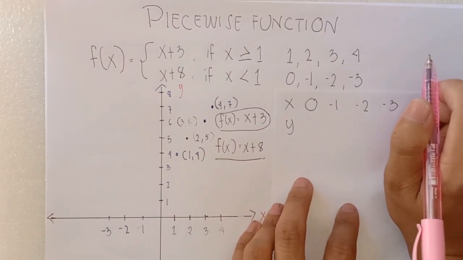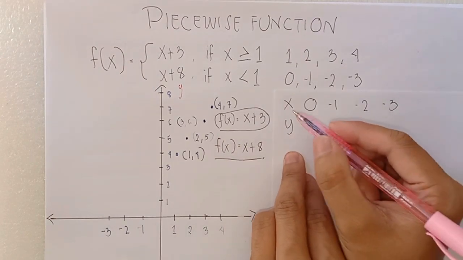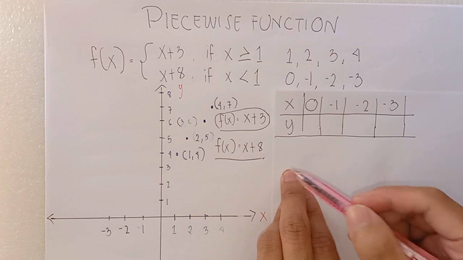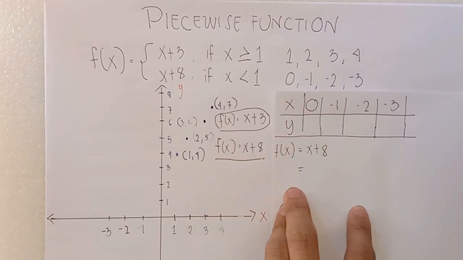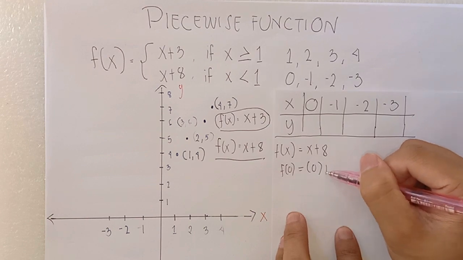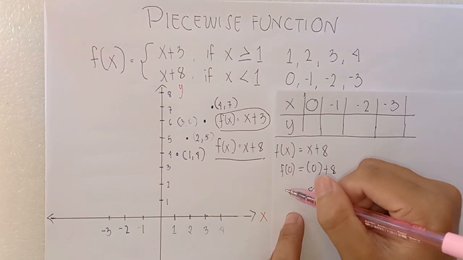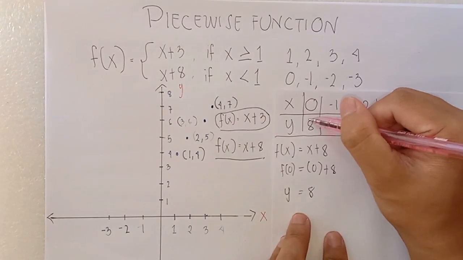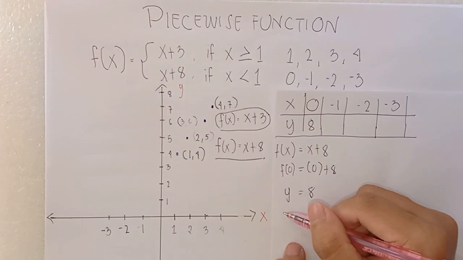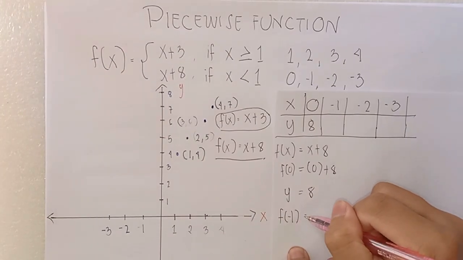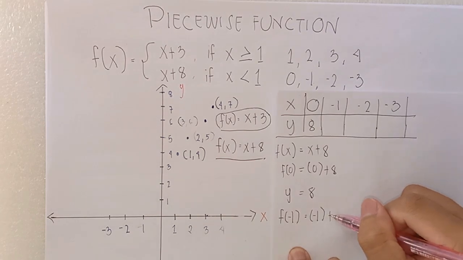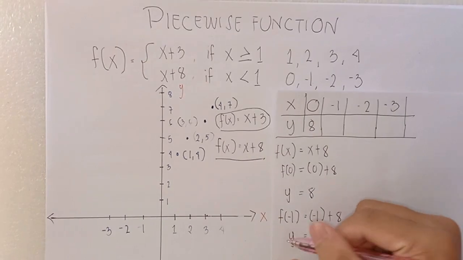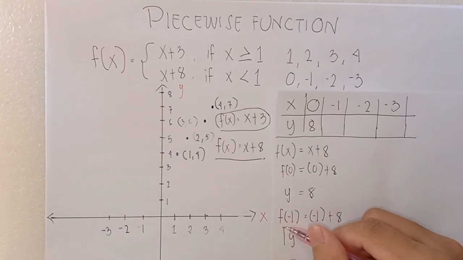Just like what we did for x plus 3, we will compute the value of y by substituting each value into the function x plus 8. Let us first substitute 0. 0 plus 8 is 8. So our y for 0 is 8. For the next, negative 1 plus 8 is 7. So the value of y for negative 1 is 7.